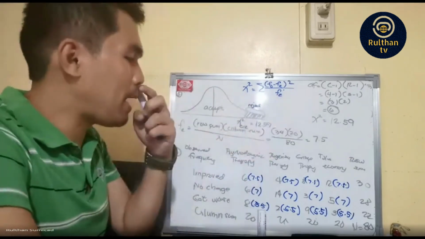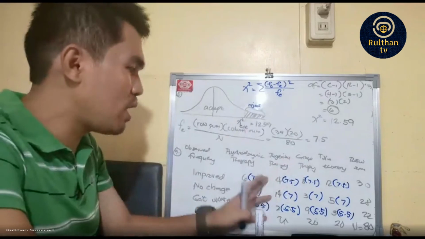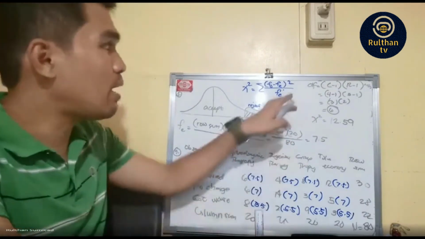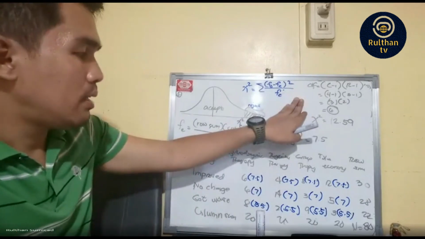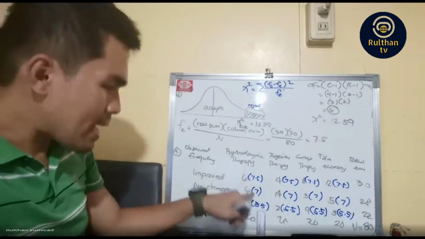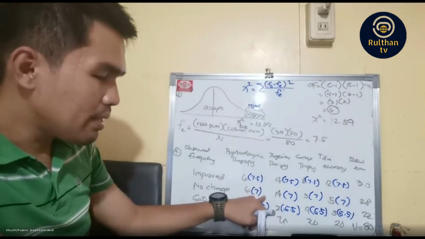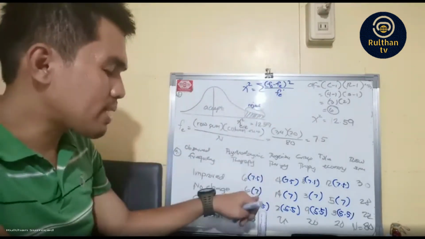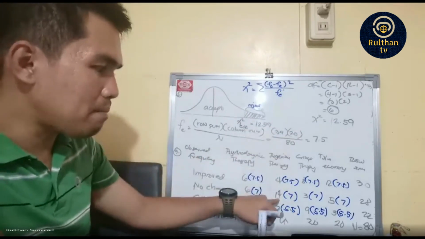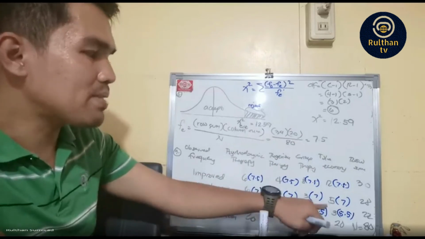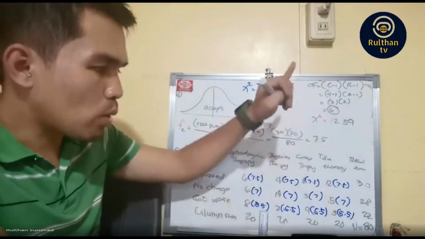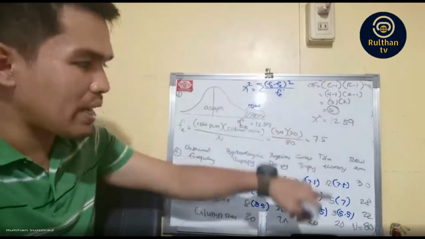Following this formula, we have to get the summation for all the categories here. Did you understand how to apply this one? So after that, you have plus 6 minus 7 squared divided by 7, plus 14 minus 7 squared divided by 7, plus 3 minus 7 squared divided by 7, plus 5 minus 7 squared divided by 7.